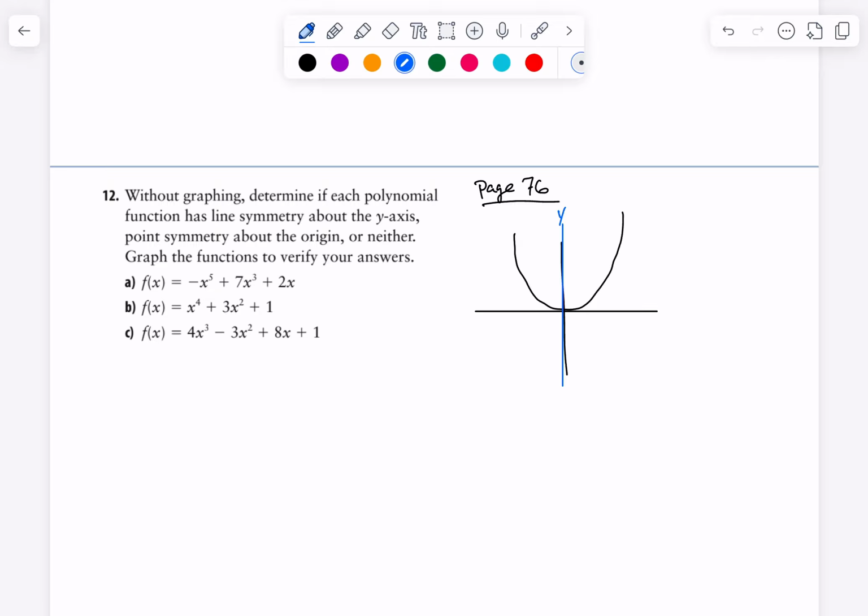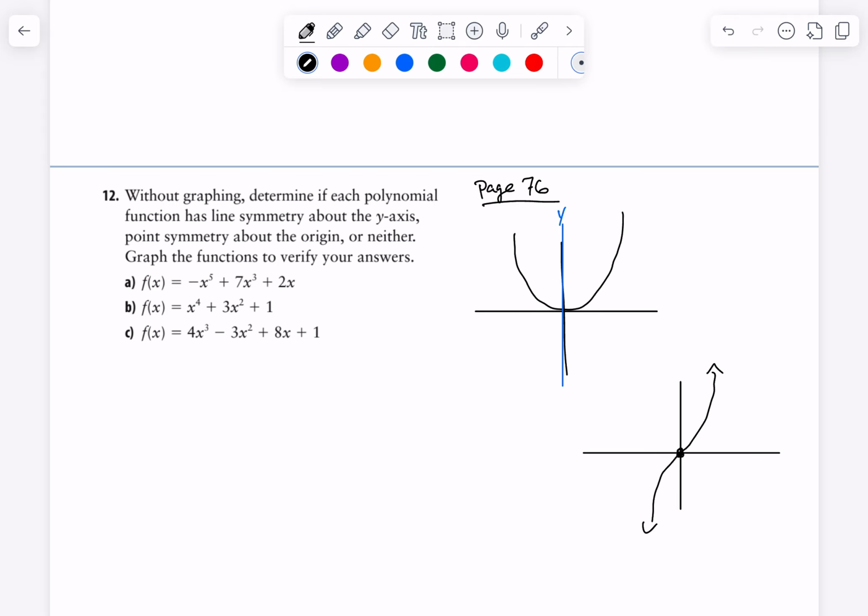Versus, not all the time, by the way, just about a line and the origin. An odd function would possess, and I think I've drawn this a couple times, maybe in class, but I'll do it again here. An odd function like x cubed would have what we say point symmetry about the origin, right?